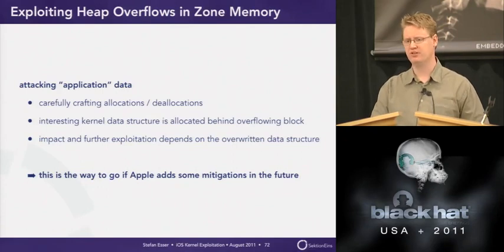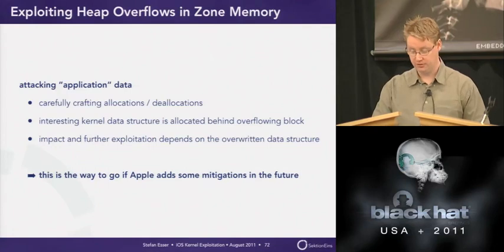At the moment, we can just ignore that because there's no mitigation inside the kernel heap at the moment, so it's easier to use the other way, especially for the exploit we are doing. So we remember that for the future. Right now, we just exploit the free list of the zone allocator.